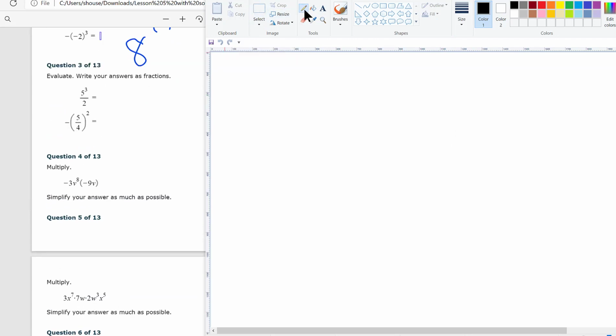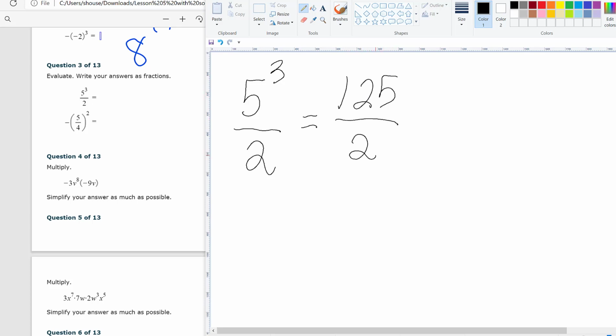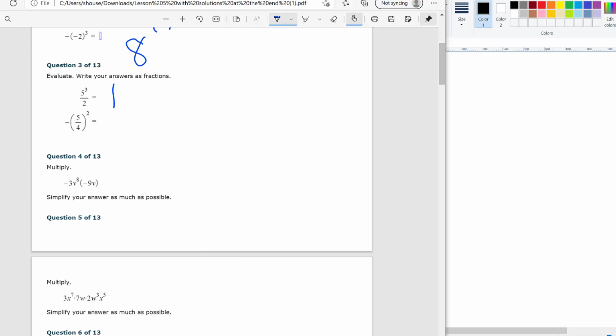Number 3, they ask us to do 5 to the third over 2. Well, we need to do the exponent first. That's 125 over 2. And since we started out as a fraction, we leave it as a fraction unless it divides evenly into a whole number. So we'll leave that as 125 over 2.